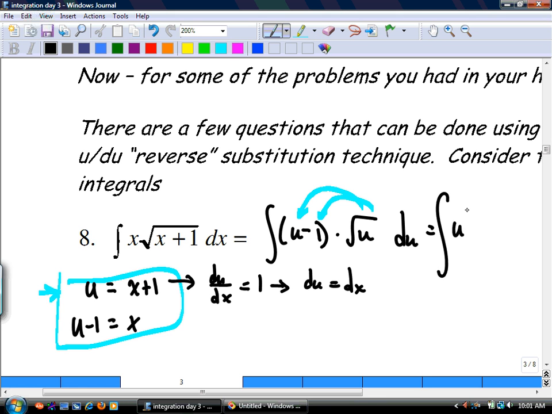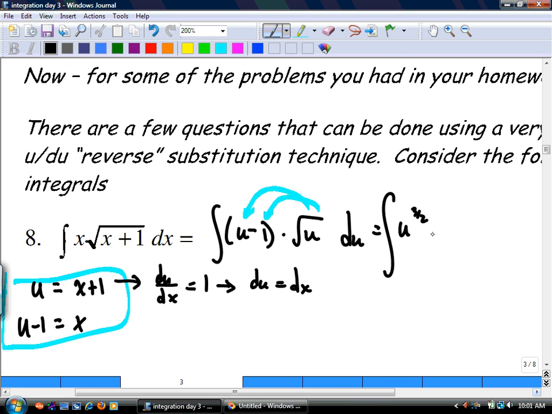u to the 3 over 2 minus u to the 1 over 2 du. So you just distribute the variable in, use your exponent rules.